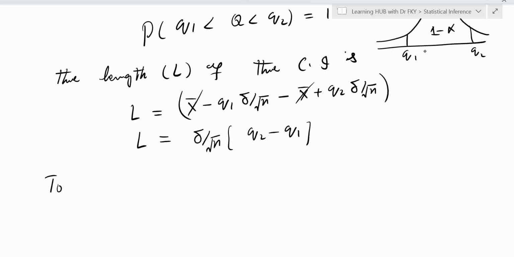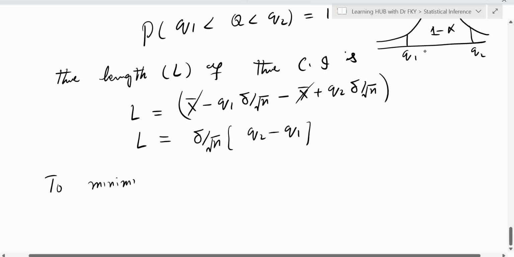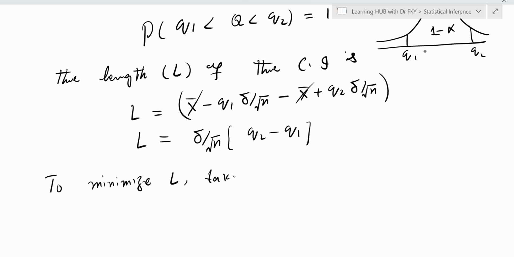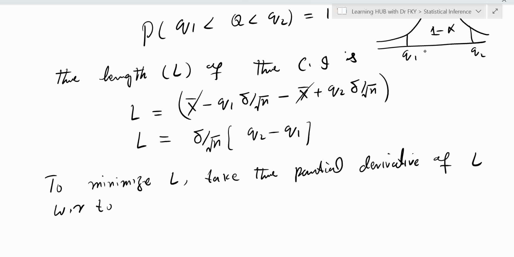To minimize L, take the partial derivative of L with respect to Q1 and treat Q2 as a function of Q1.